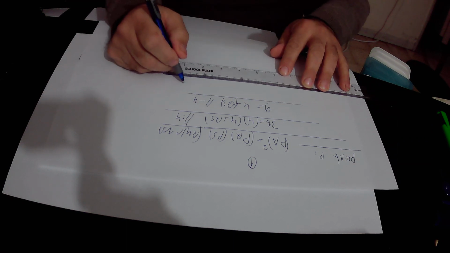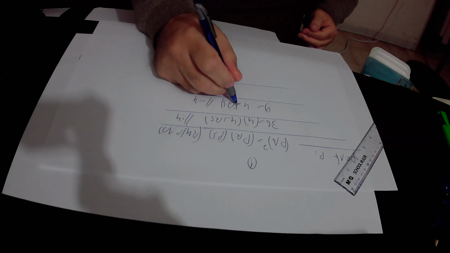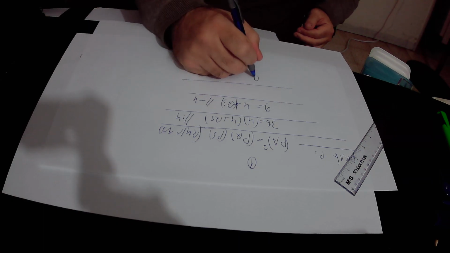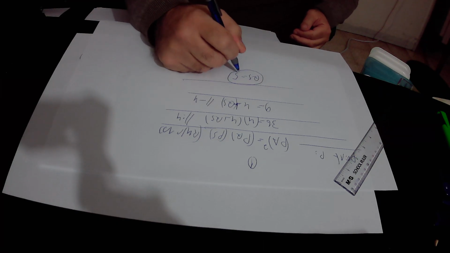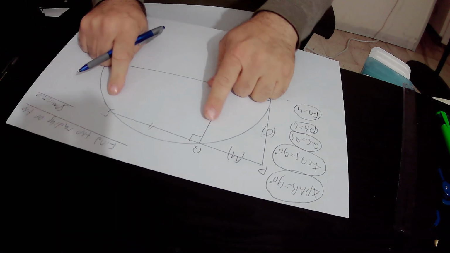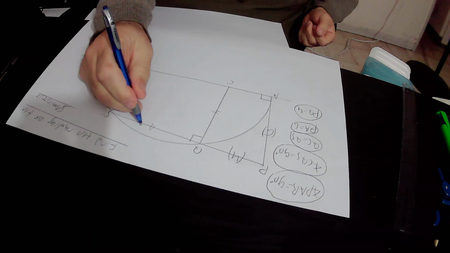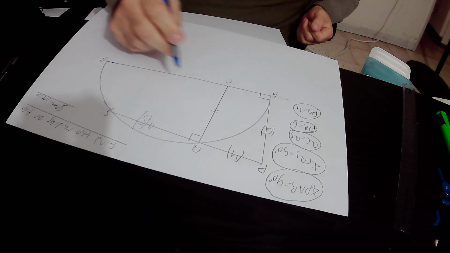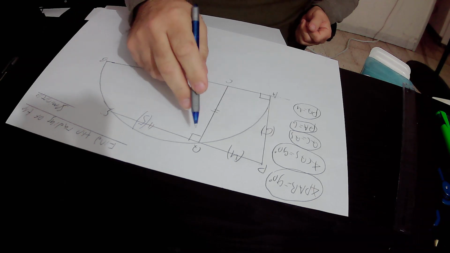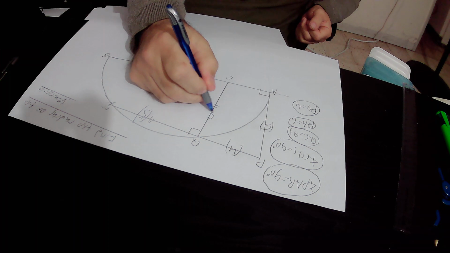Finally we get that QS equals 9 minus 4, that is 5. So QS equals 5 units in length. It is given in the question that QS equals QC, and QS is 5, therefore QC must also equal 5 units in length.